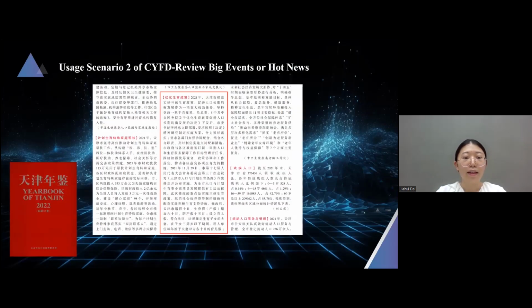Then, in the second scenario, we can use yearbooks to review big events and hot news. For example, when the third child policy was introduced in 2021, we can see from the Tianjin yearbook that the Tianjin government immediately formulated relevant supporting measures to increase marriage leave, maternity leave, and paternity leave.